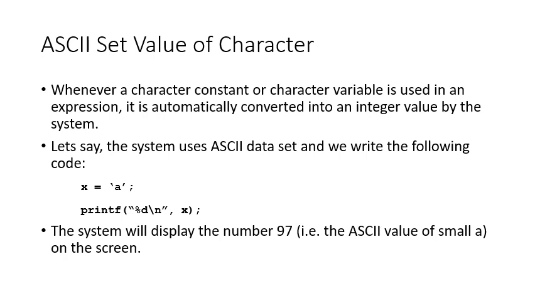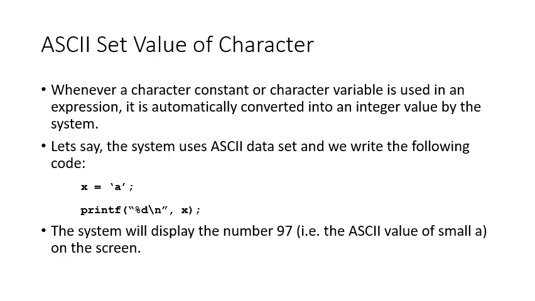The system understands only integer values. Let's say the system uses the ASCII set and we write the following code: x is equal to the character a, and we print this with a %d specifier.